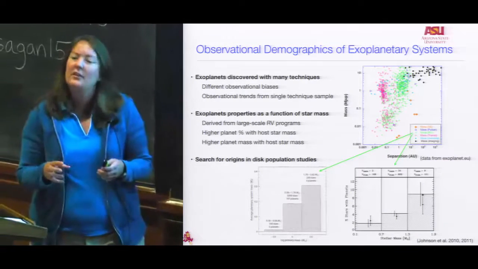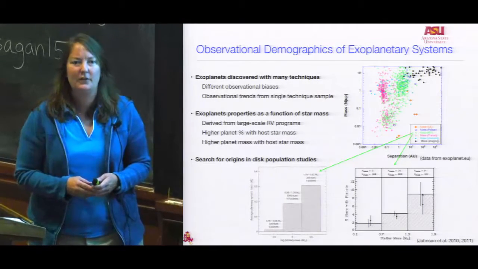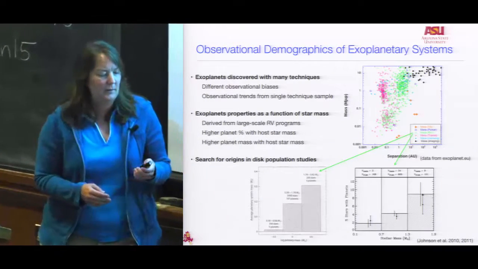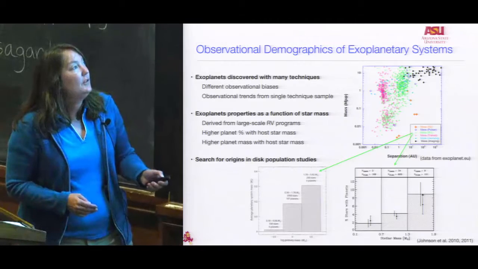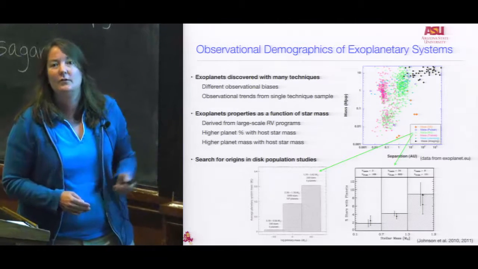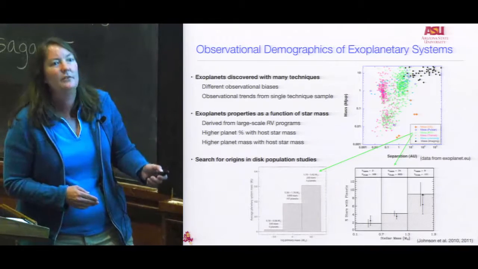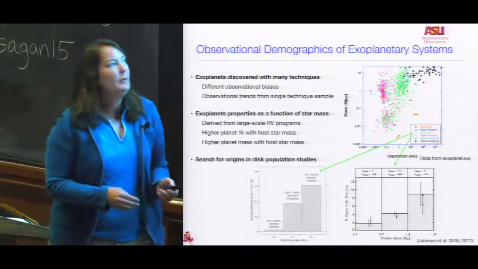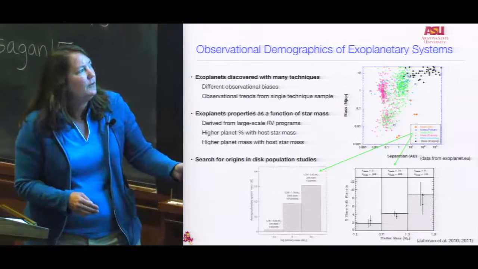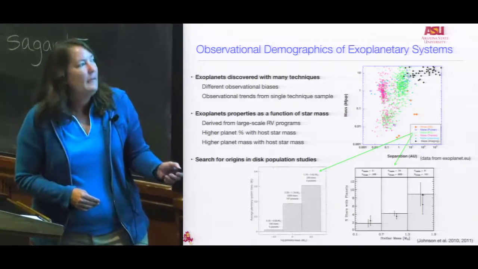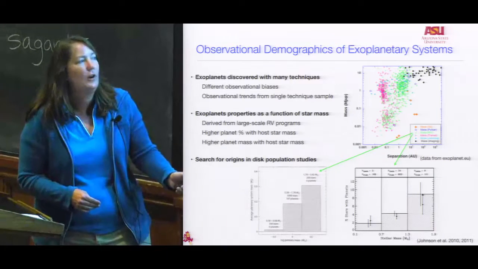And so by focusing on a given technique, that can help us to tease out some of the demographics that are less impacted by these biases. So one example is to take these green points, which are from radial velocity studies. If we investigate simply the radial velocity detections, then what we can find on this first plot on the left is an indication of the average planet mass as a function of the host star mass.